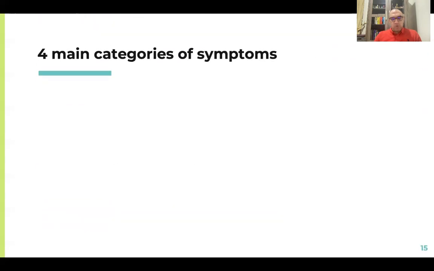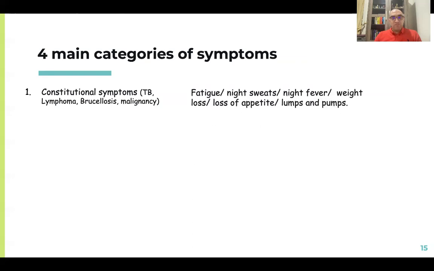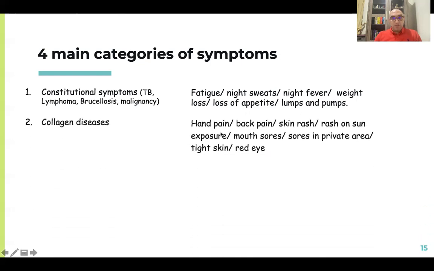We can also memorize the system review as 4 main categories of symptoms. The first category is constitutional symptoms, usually in infection like TB or brucellosis, or malignancy or lymphoma, like fatigue, night sweats, night fever, weight loss, loss of appetite, and lumps and bumps. For collagen disease: hand pain, back pain, skin rash, rash on sun exposure, mouth ulcers, sores in private areas, tight skin, and red eye.